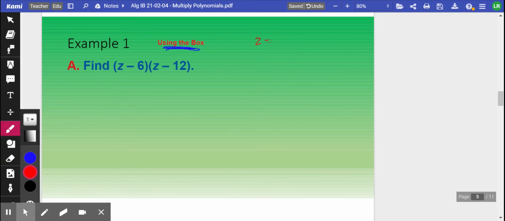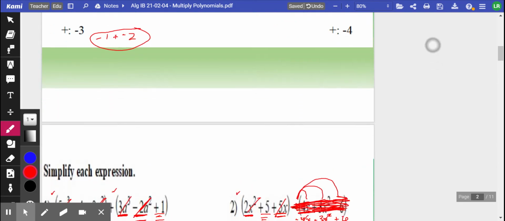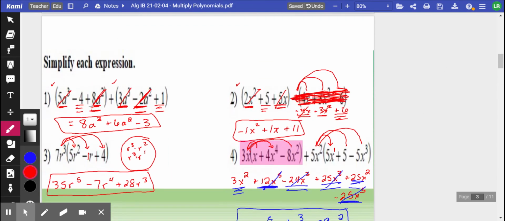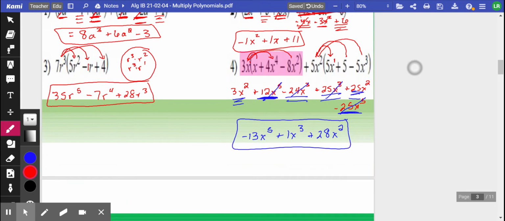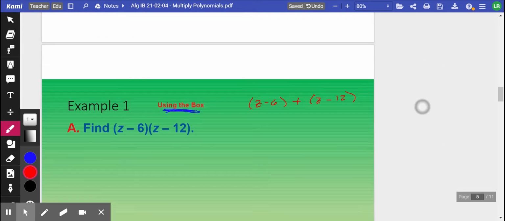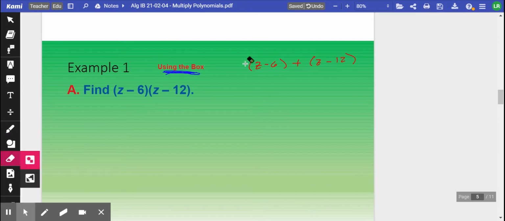If I did z minus 6 plus z minus 12, that's a different problem because there's a plus sign there. So we don't want to confuse the two. If there's a plus sign there, that would be just like doing number 1 that we did up here. We're just adding the like terms. Okay, this is a totally different deal. This is multiplication.